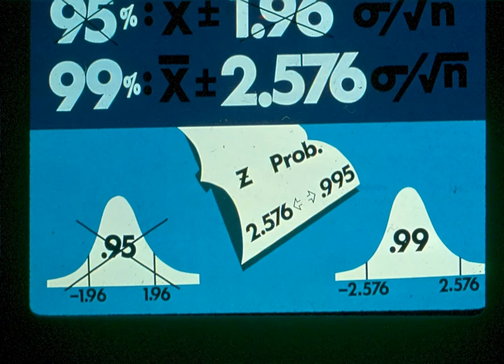From the standard normal tables, the middle 99% points of Z are minus 2.576 and plus 2.576. To obtain the 99% confidence interval, then, we simply substitute 2.576 in the confidence interval formula in place of 1.96.